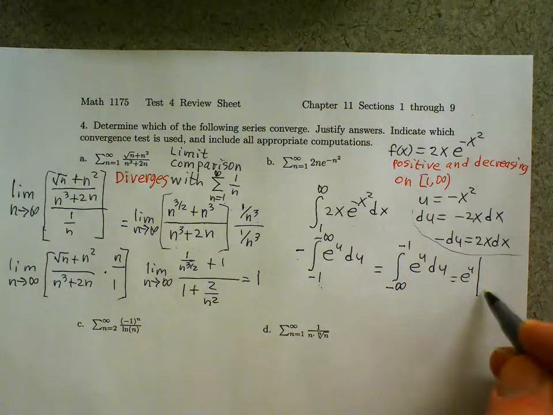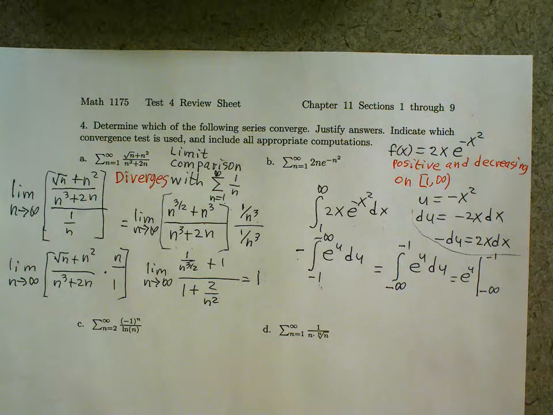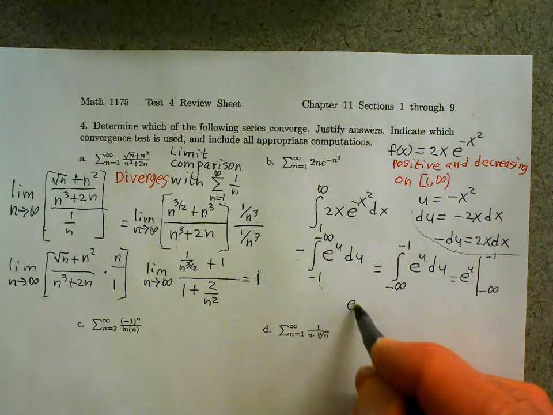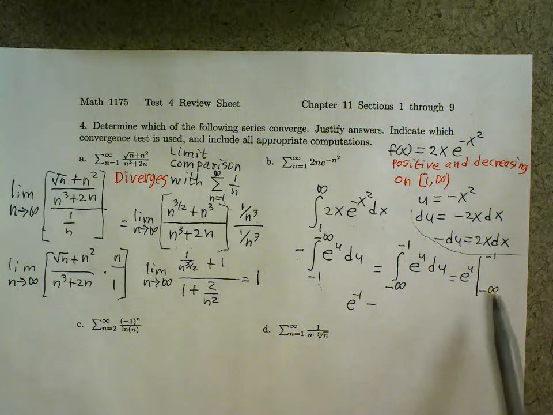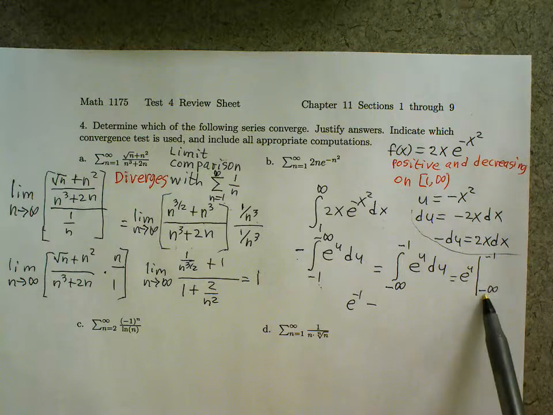And then the limits are from negative infinity to negative 1. So when u is negative 1, e to the negative 1, and then we subtract what e to the u becomes as u approaches negative infinity.